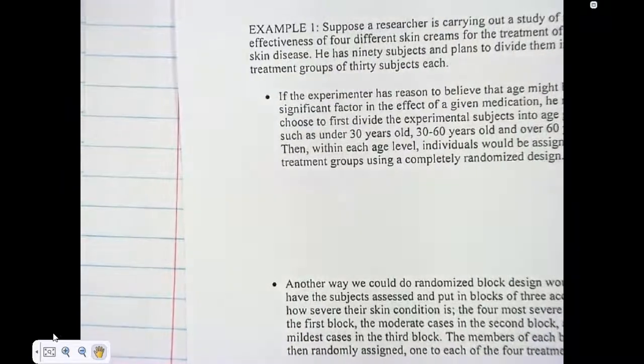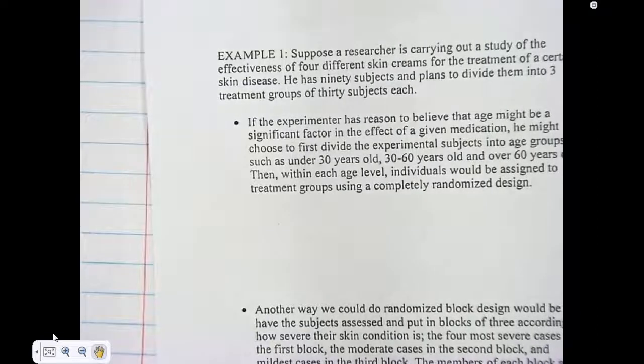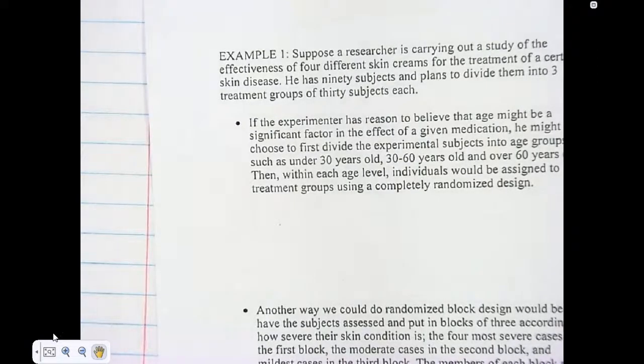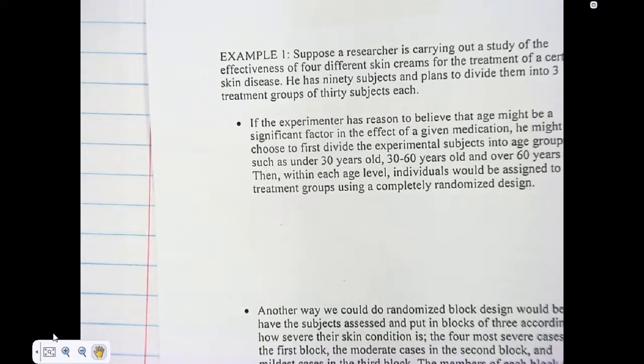Okay, so for our first example, it says, suppose a researcher is carrying out a study of the effectiveness of 4 different skin creams for treatment of a certain skin disease. He has 90 subjects and plans to divide them into 3 treatment groups of 30 subjects each.